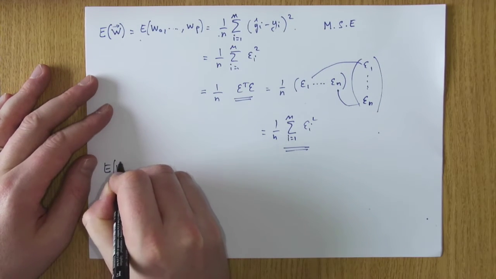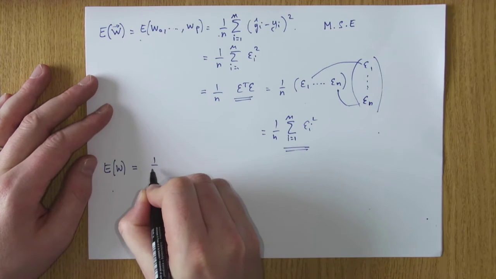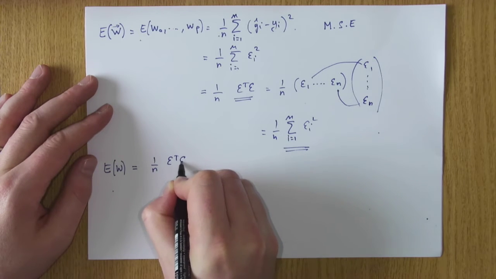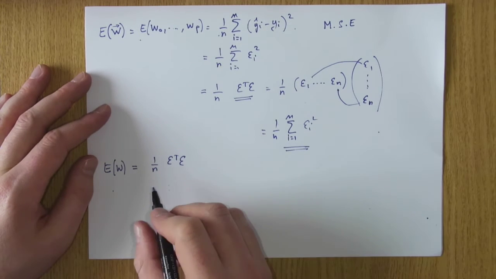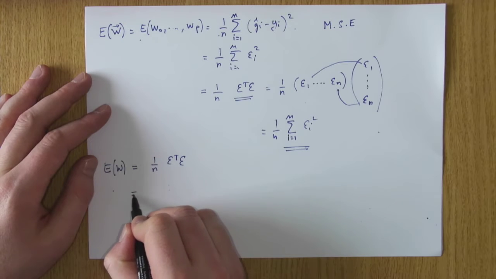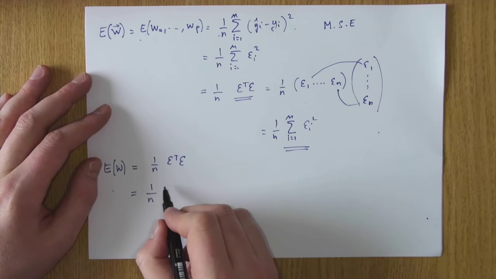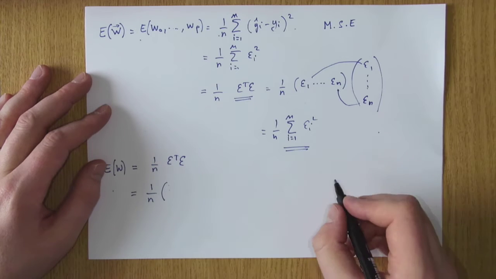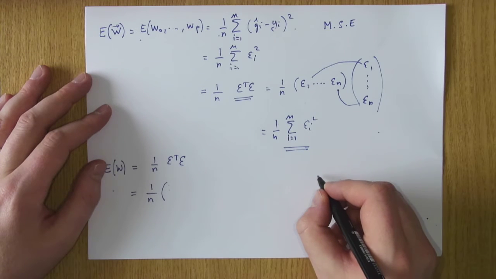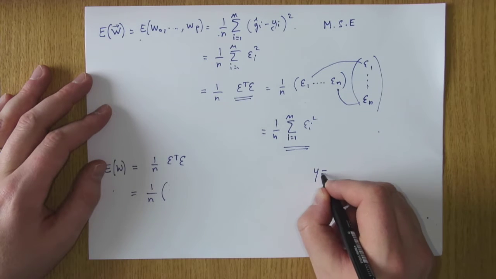Okay, so from that point on, we have a matrix expression for the loss function. So we have our loss function is 1 over n of epsilon transpose epsilon, and we can plug in what we know about epsilon. So this is on the side. So remember we have y.